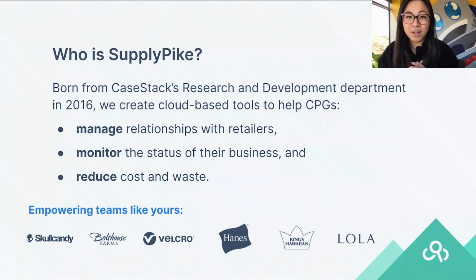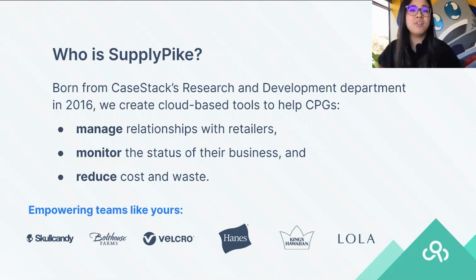We started with Walmart and Sam's Club because of course they are kind of in our backyard, and we're so proud to be able to work with a whole bunch of Walmart suppliers. But just last year, we actually expanded into Kroger, which is really exciting. And we plan to expand into Target and Amazon later this year. So please stay tuned if either of those retailers are interesting to you guys. And what we do every day is we help our CPGs manage relationships with retailers, monitor the status of their business, and reduce costs and waste.